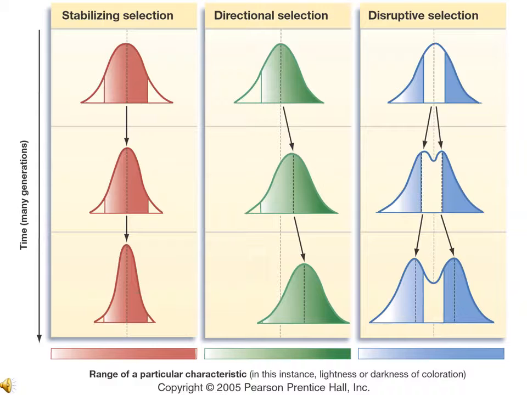And in disruptive selection, a given set of characteristics will kind of break down in two so that you have one set of characteristics that somehow manages to survive, and another set of characteristics that manages to survive pretty much in the same environment, because both sets of characteristics can compete effectively in the particular environment.